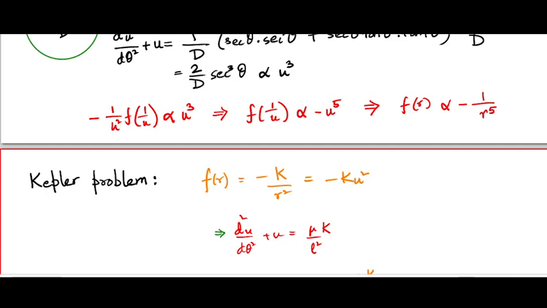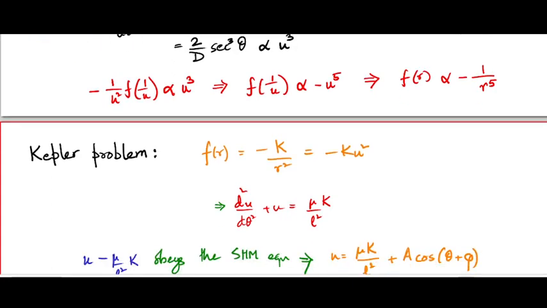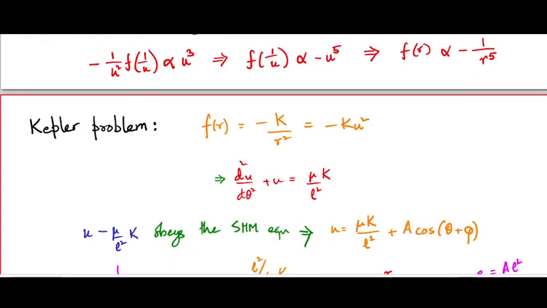Second derivative of that with respect to theta plus itself equals 0. After all, mu k over L square being a constant, the u minus mu k over L square has exactly the same derivative and second derivative as this u. So, solving this becomes straightforward because we know what the solution for a harmonic oscillator is.